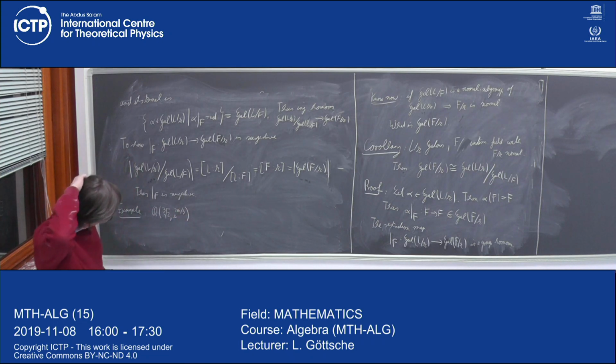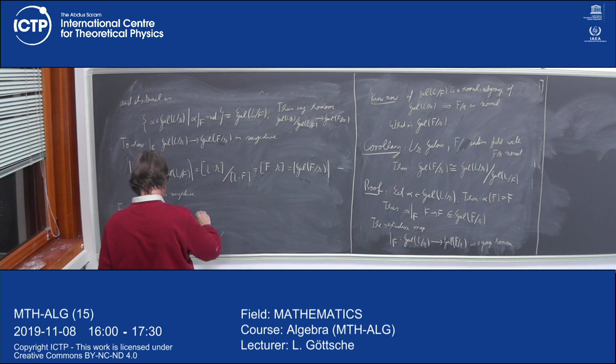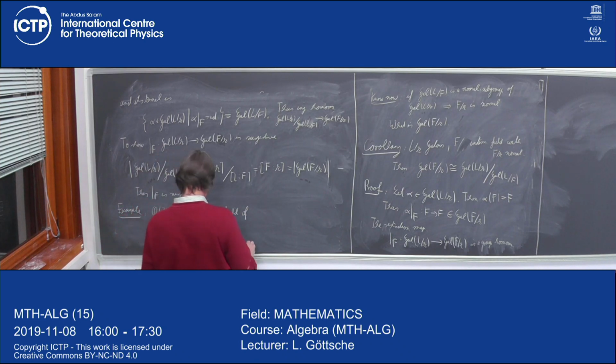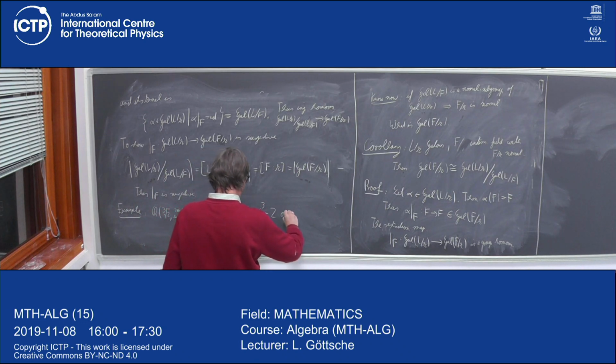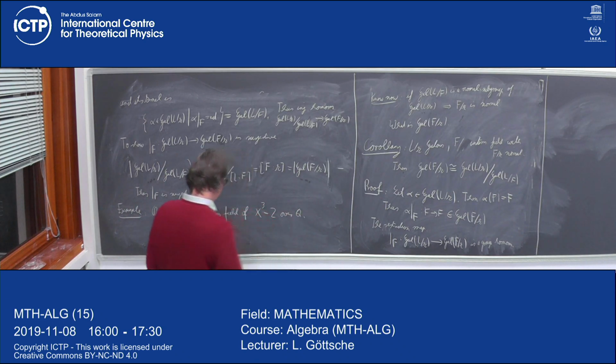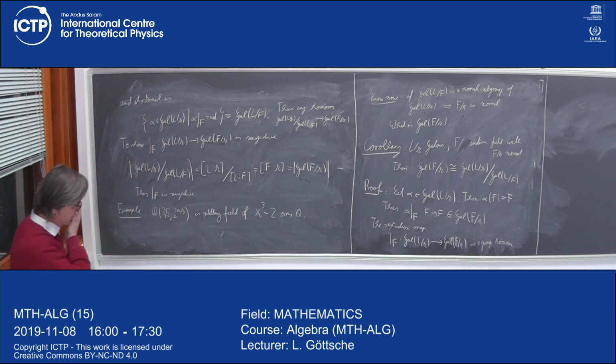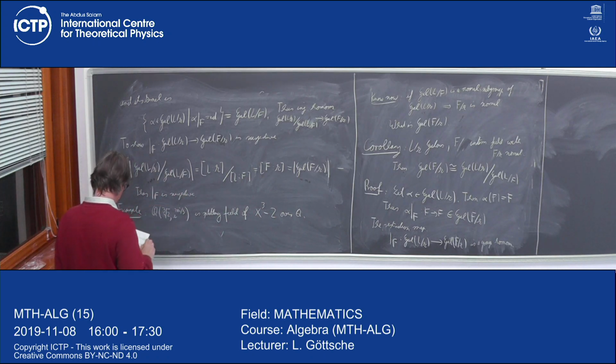This was the splitting field of x to the third minus 2 over Q. So to save some energy, I call this A, and I call this omega.